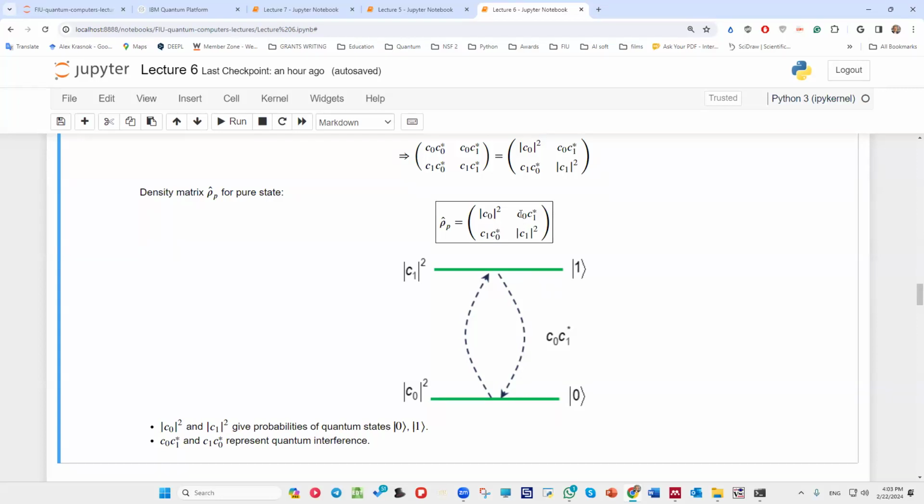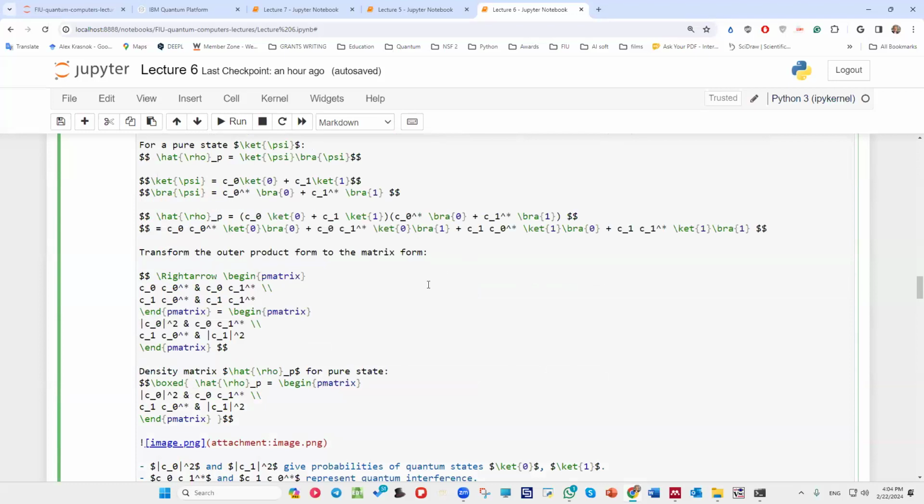And the off-diagonal components, C sub 0, C sub 1, provide the quantum interference. They basically provide the energy exchange between state 0 and state 1. State 0 and state 1 are coupled, and the coupling strength between the states is provided by these quantities here.